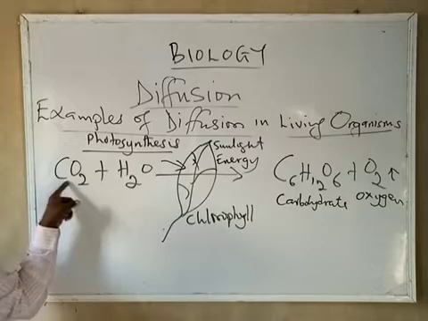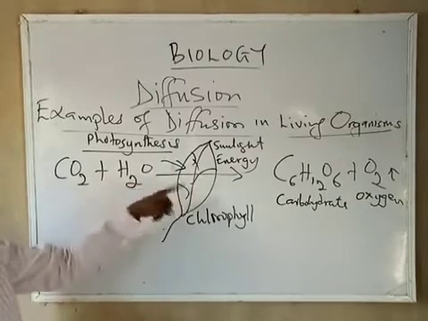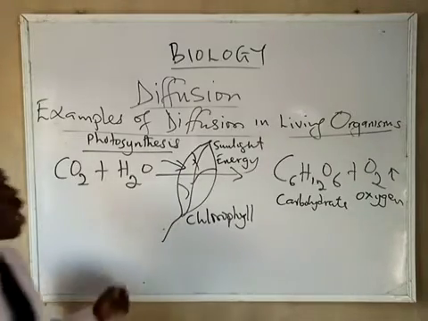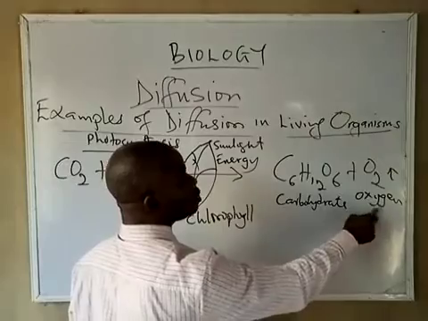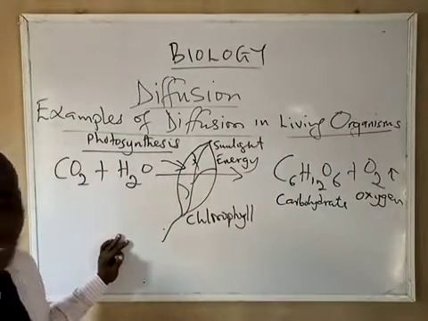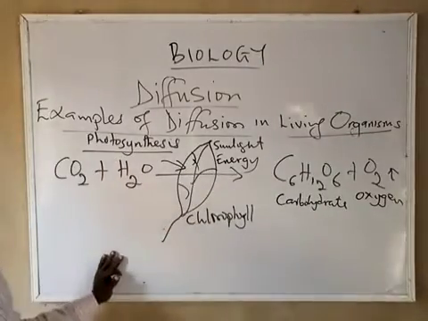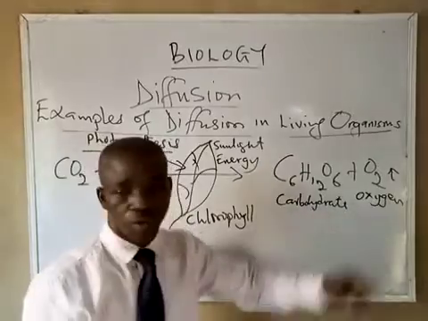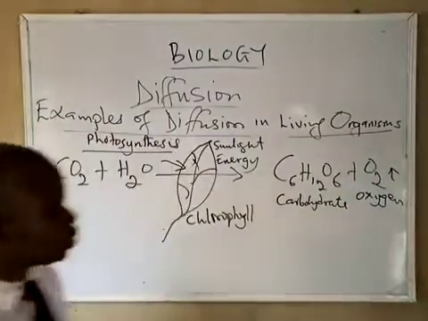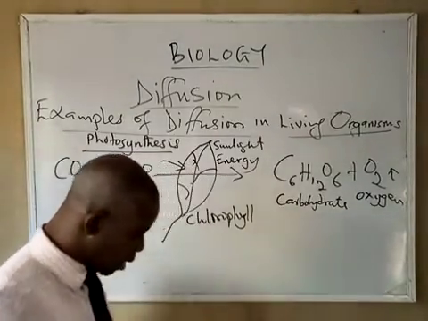And in plants also, after metabolism, this oxygen is given off as a byproduct, and it diffuses out of the chloroplasts. That is also by diffusion.